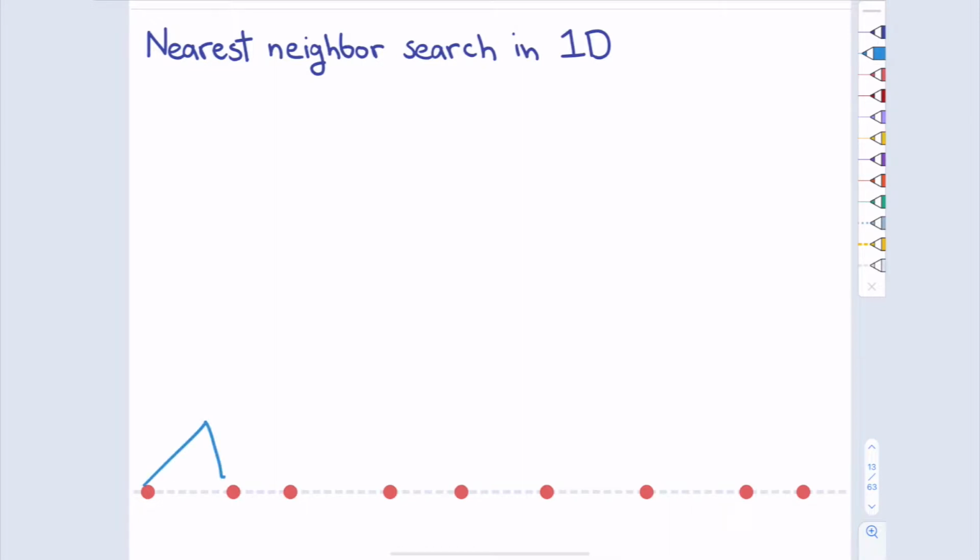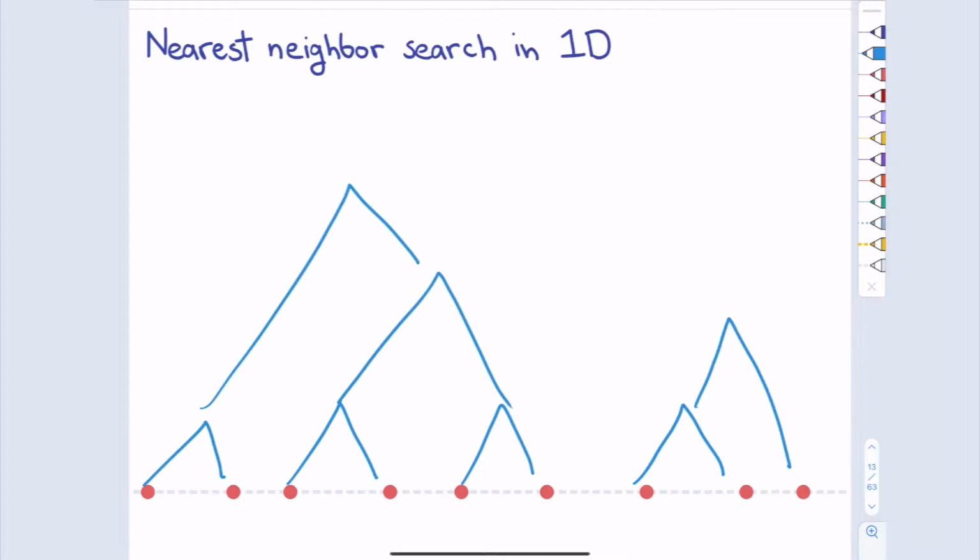Alternatively, you can build a binary tree over it, which is implicitly the same thing. You get the biggest point less than the query and the smallest point greater than it. We get 2 points, see which one's closer, and return that. So that'll take log n time.